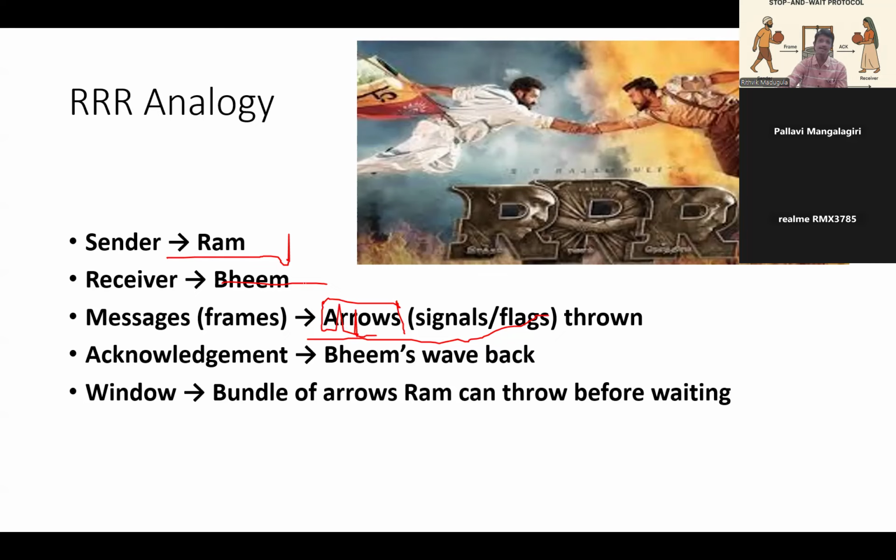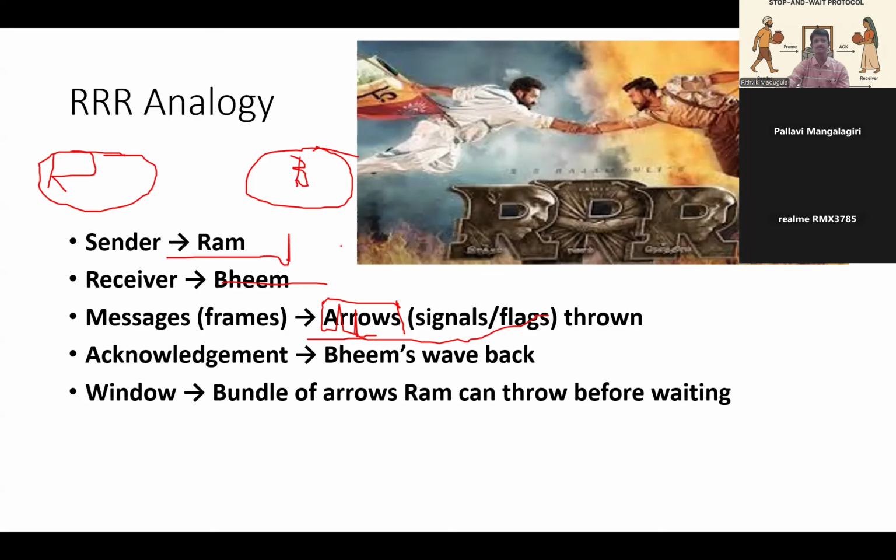So why does he need to transmit? That is the major question. Let us imagine the storyline of RRR so that we can understand this particular aspect. So Ram is going to send the packets to Bheem. Ram is at one point and Bheem is at another point. Now Ram needs to send the packets to Bheem so that Bheem can avail the packets and overcome the war.